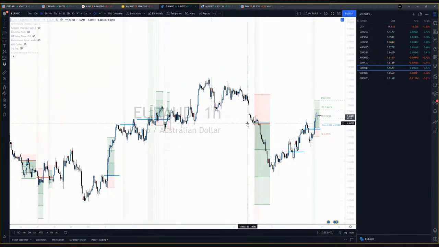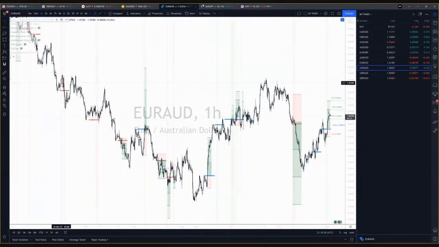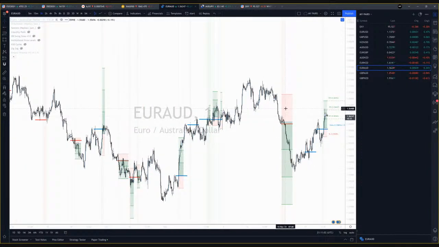So when it gives you red, and you can see what price is doing, you can just continue selling until you get a blue, and then you stop. And then when you get a blue, you buy until you get a red, and then you sell until you get blue. You buy, you buy, you buy until you get red. This is just for directional bias.